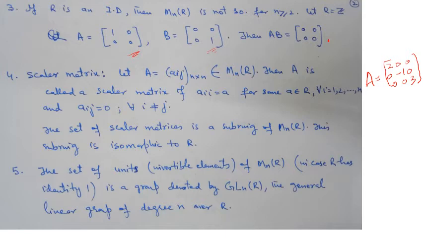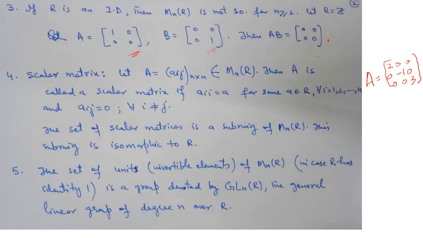So let A equal to (a_ij) be an n cross n matrix. Then A is called a scalar matrix if a_ii equals a for some a in R for all i equal to 1 to n, and a_ij equals 0 for all i not equal to j. That is, diagonal entries are the same and the rest of the entries are 0.